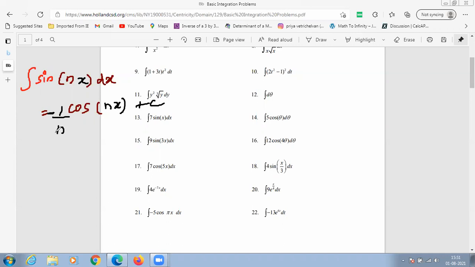I'll write the formula for the cos also. Integral cos nx dx will give you the result as 1 by n sin nx plus c.